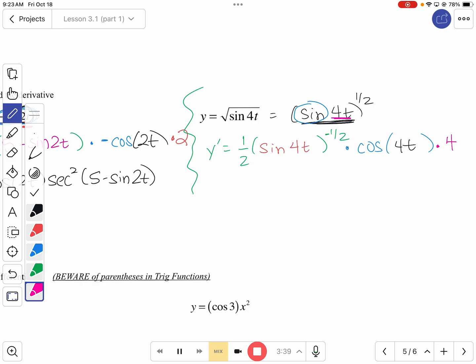Okay, so again, just to rewrite it, make it look prettier. I have a 1/2 out in front and I have a 4 out in front. So 1/2 times 4 would leave me with what? 2. The cosine can stay in the numerator. The sine is to the negative 1/2, so let's drop it to the denominator. And I'm just going to call it the square root of the sine of 4t.